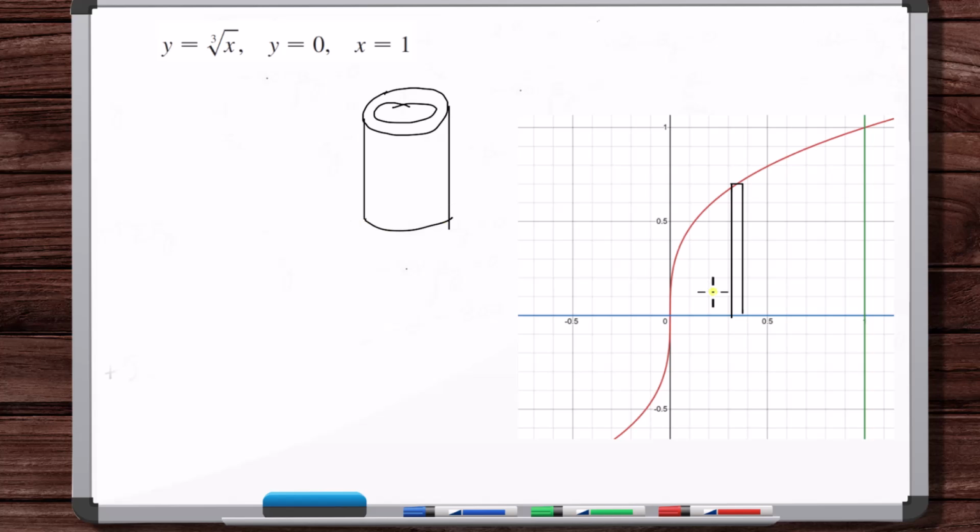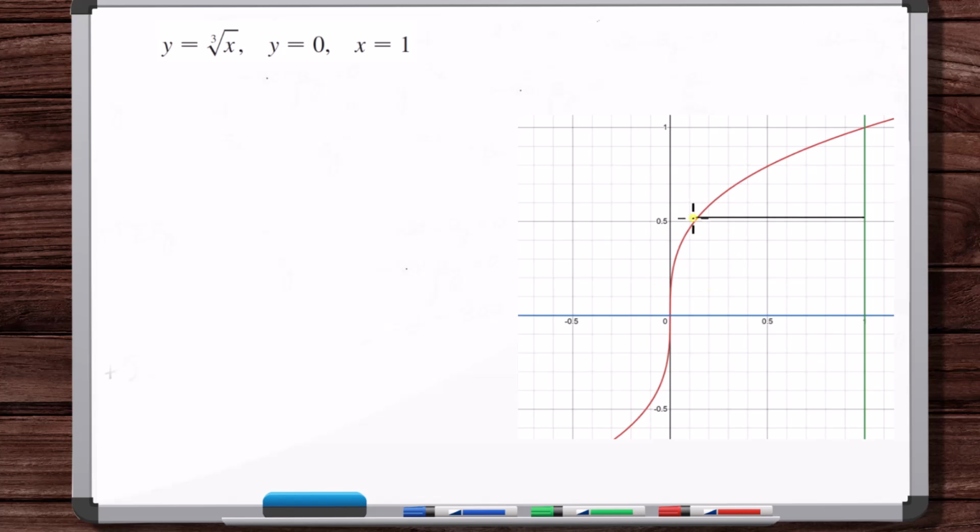Whereas if we were doing the disc or washer method, and you rotate this about the y-axis, you get a washer. See? Now, which method to use, that's something we're going to talk about in the next video.